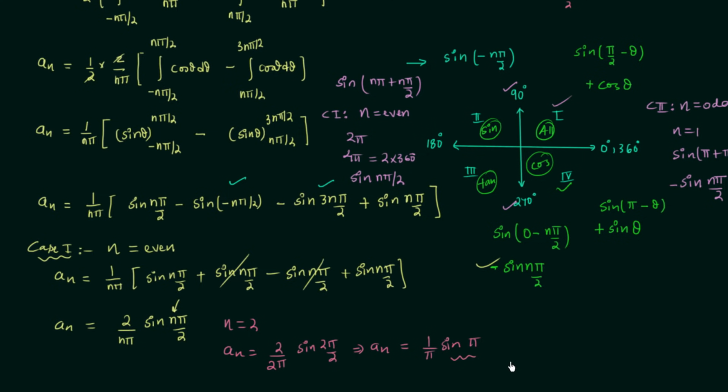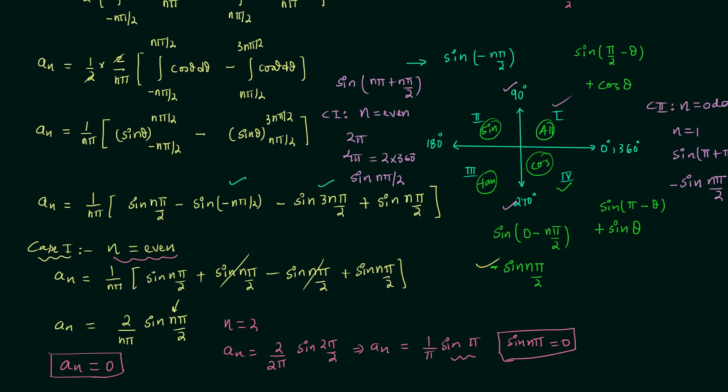Sine pi is equal to 0, or you can say whenever you have sine n pi, it is going to be 0, and whenever you put n something even, you will get an integral multiple of pi. So every time you are going to get an equal to 0 if n is even. So an is equal to 0 when n is even.